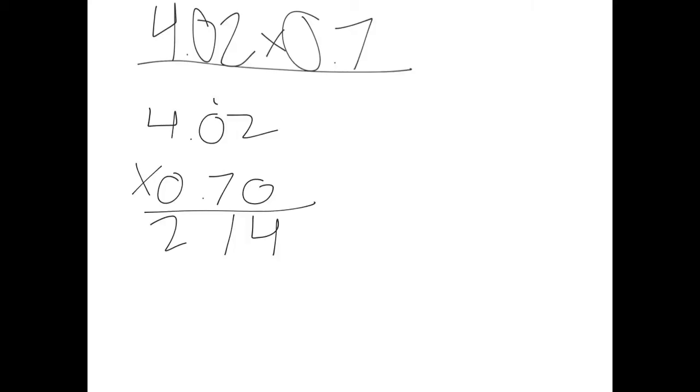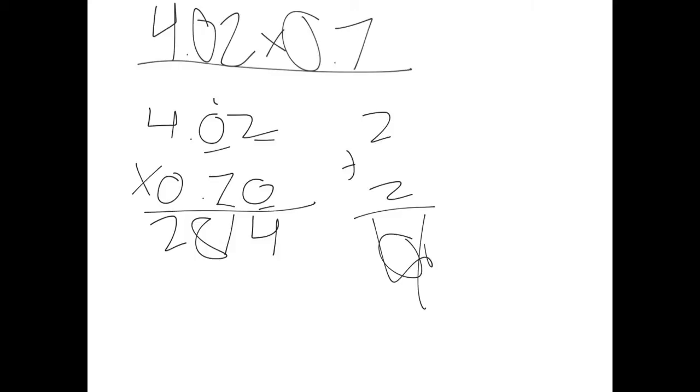So this. And then there's 1, 2, 3, 4. So you add 2 plus 2, which is 4, sorry. And then that would mean you bring it over 1, 2, 3, 4, and your answer would be 0.2814.